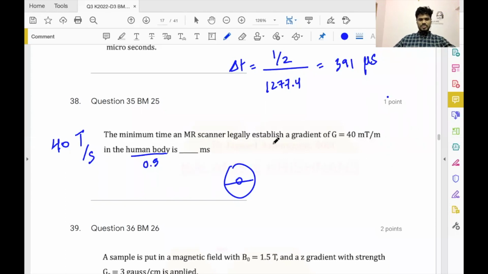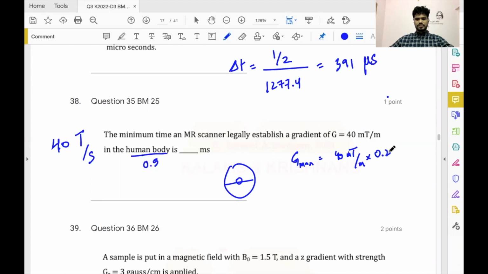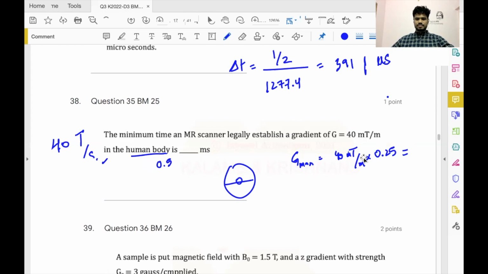Okay, so if we use that, what should we get here? So the maximum gradient is going to be 40 millitesla per meter into 0.5 or 0.25. So something on this side and something on this side. So it should be 0.25, diameter by 2. The maximum change here is how many milliteslas? 10.